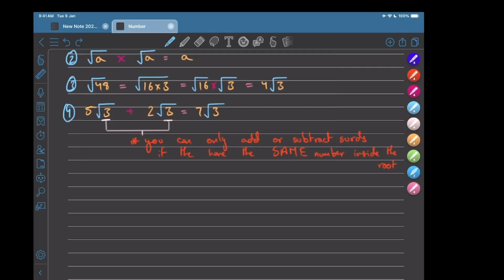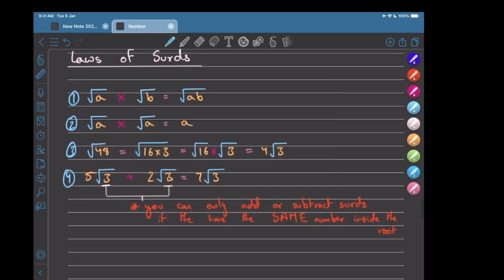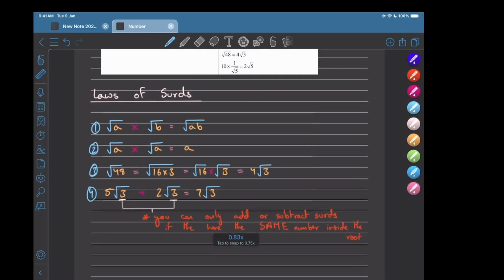But excuse me, if it is not the same, if I have 5 under root 4 plus 2 under root 5, I cannot add this. It is not mathematically correct. If the under root values are the same, that's when you can add them. That's basically what we need to understand for the laws of surds.